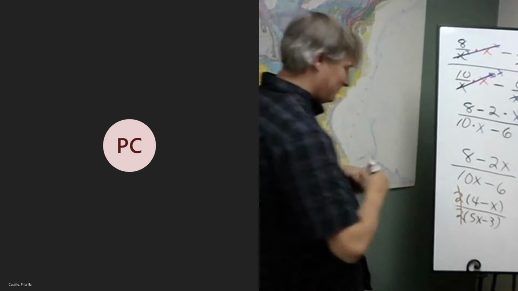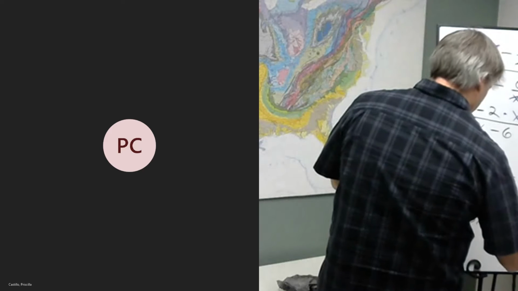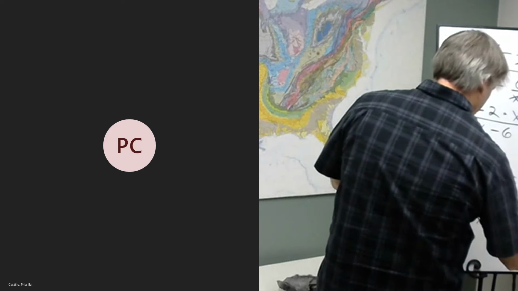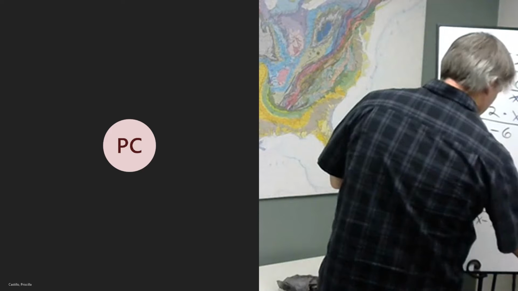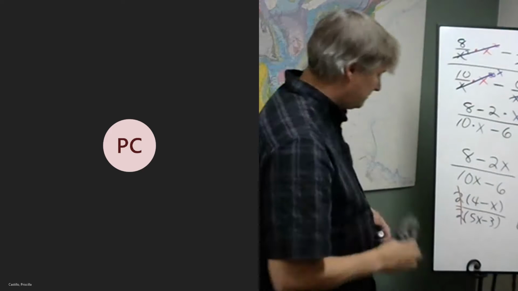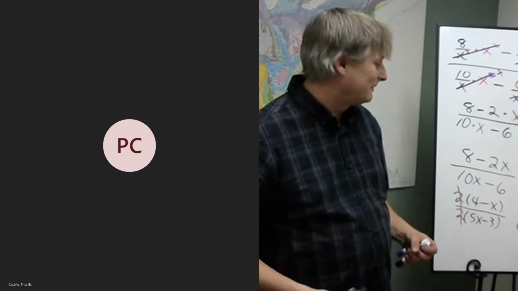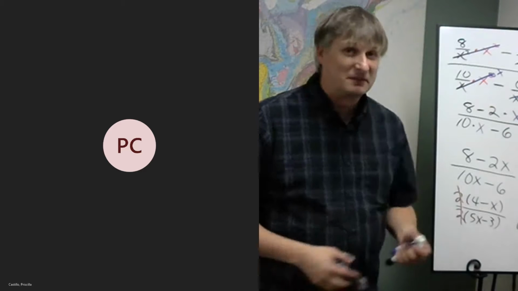Cancel the 2's. 4 minus x over 5x minus 3. Questions about that? All right.